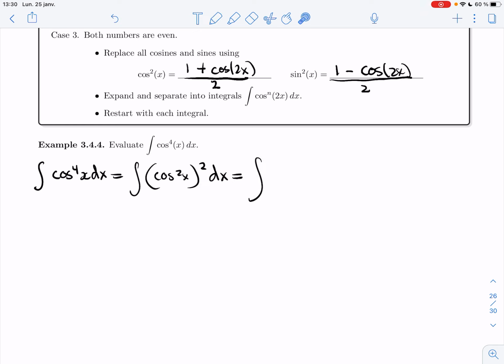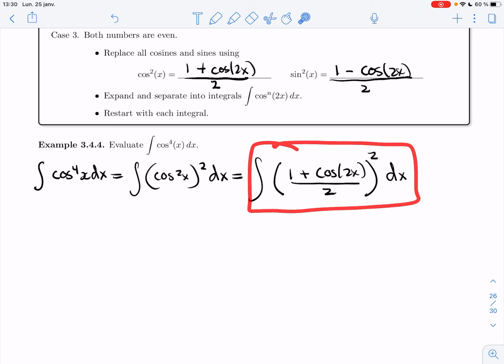So I'm going to use this identity to rewrite the interior. Now everything in my integral should be in terms of 2x. I'm going to expand and separate into integrals that look like this.